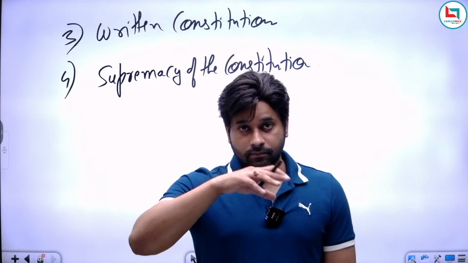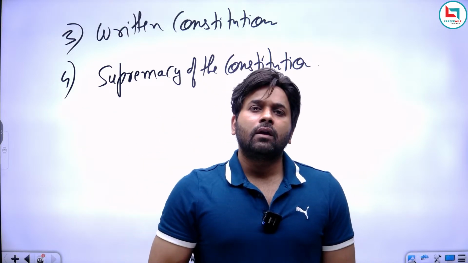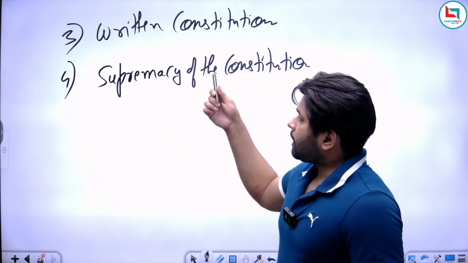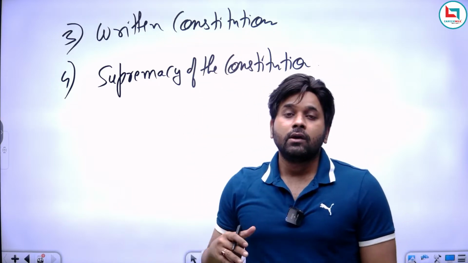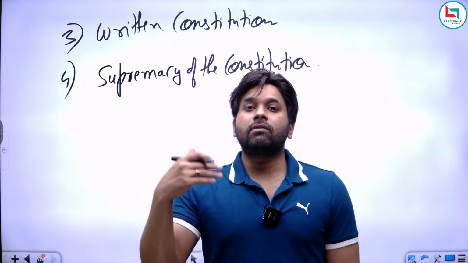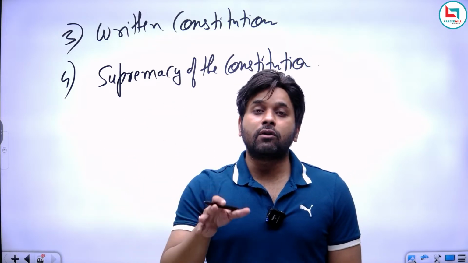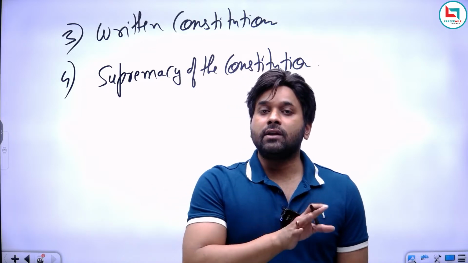Then there is a distribution of powers in that constitution, and the constitution is written, but that constitution is not supreme. So if the constitution is not supreme, it means the central government is supreme, and if the central government is supreme, then it is not going to obey whatever is written in the constitution.